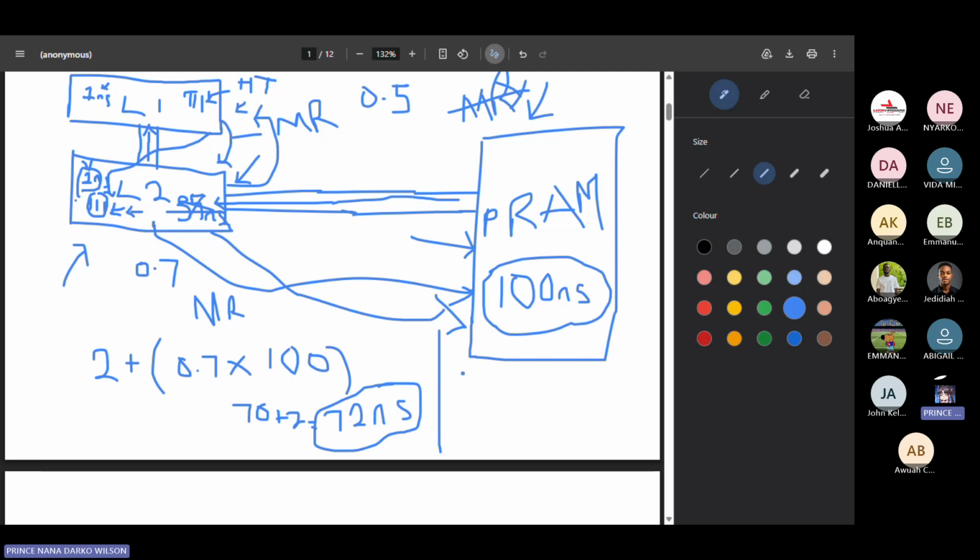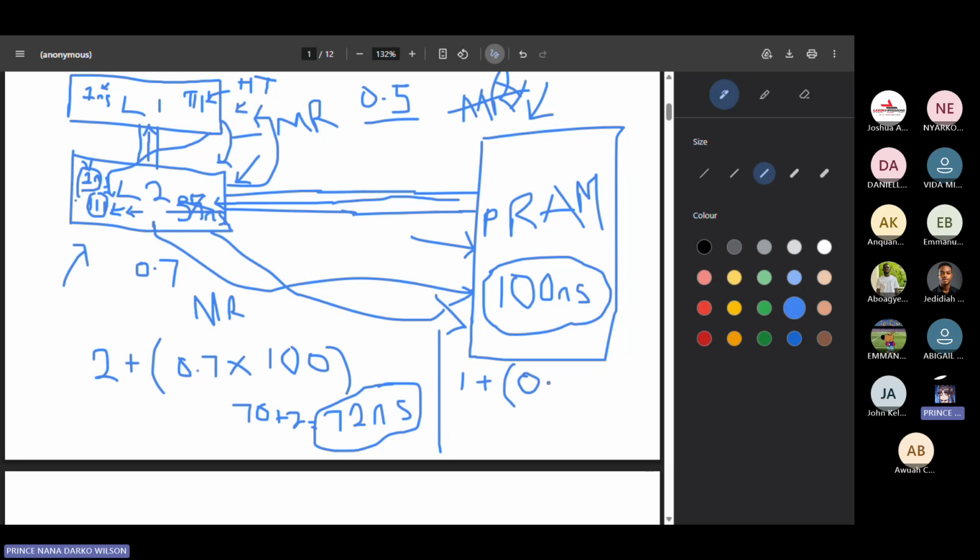So the level 1 hit time, that's if the data is on level 1. Remember, we are finding an average. An average means the favorable and the unfavorable in total, divided by how many chances there are. So if the data is on level 1, that's 1 nanosecond. Plus, if it is not on level 1, what are the chances that it is not there? According to the question, the chance that it is not there is 50%.